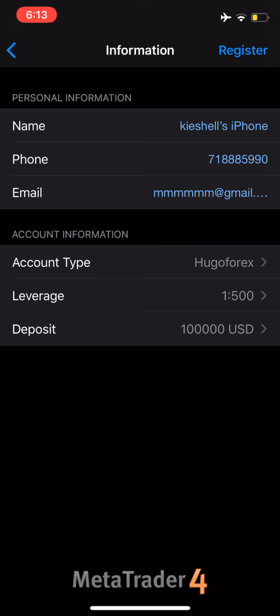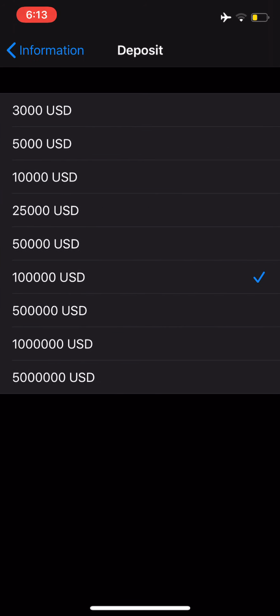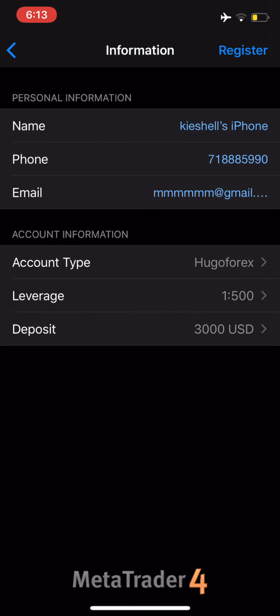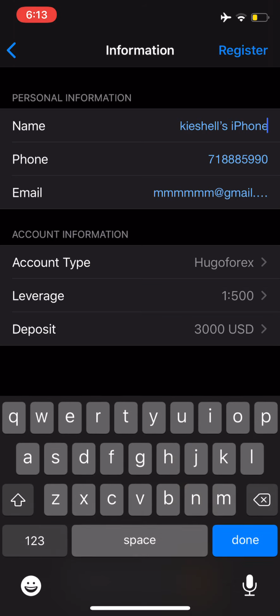So you tap on leverage and you tap 1 to 500, right? And for deposit, you can see you can start with any amount, but we're gonna start with the lowest amount so that it's the most realistic amount, right? So we're gonna start with $3,000, right? Then we click register, right?